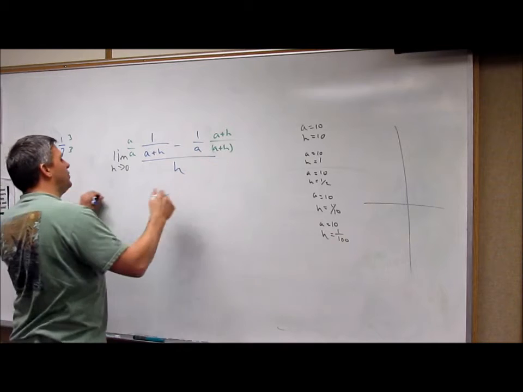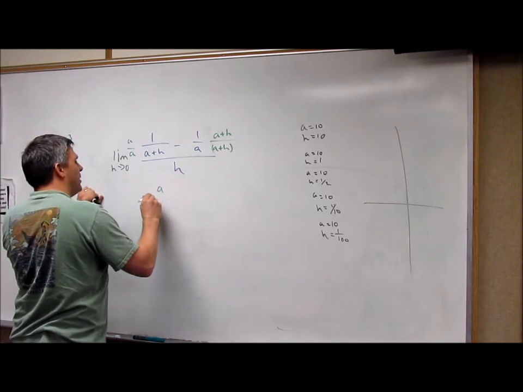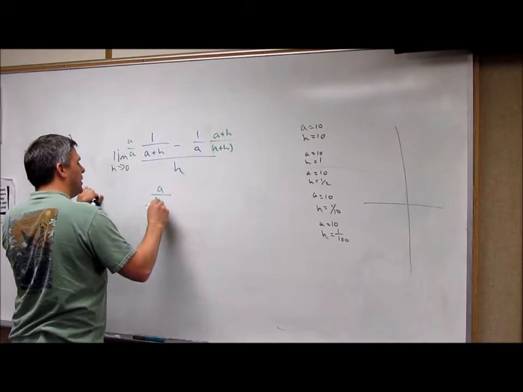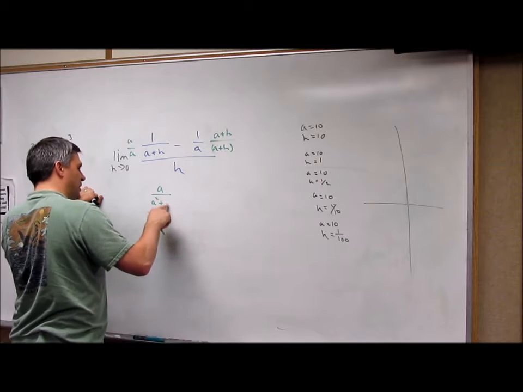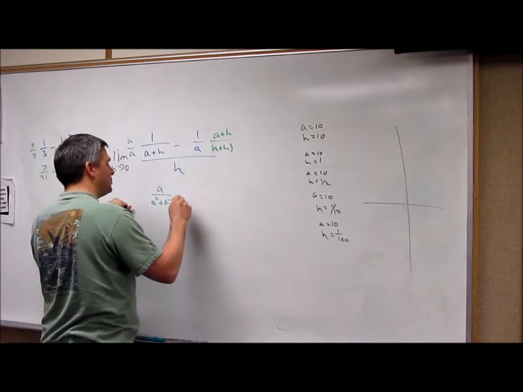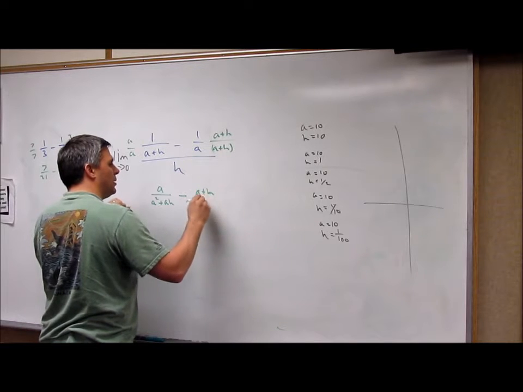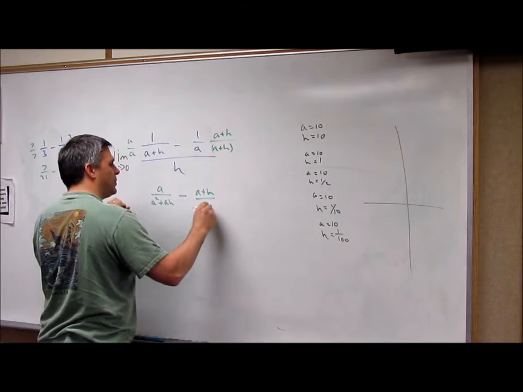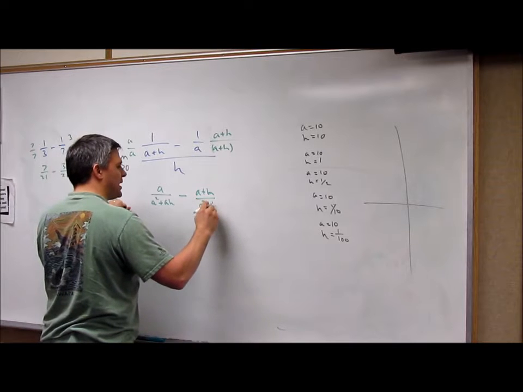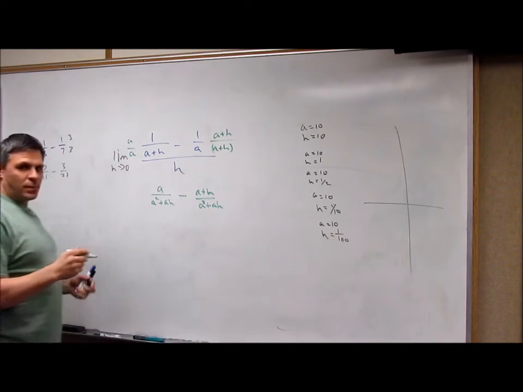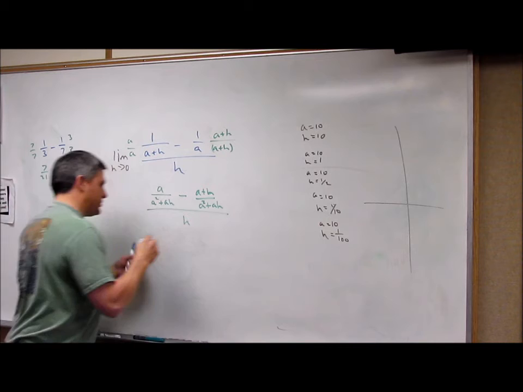Okay? So now we do that, and we get a over a squared plus ah, minus a plus h over a squared plus ah, all over h.